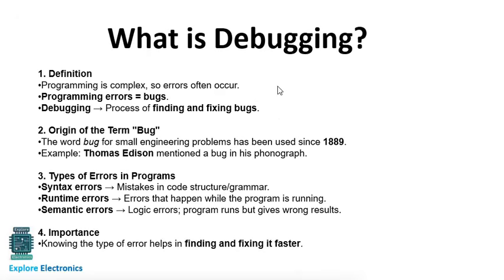Debugging means finding where exactly the bug occurs, and after that you have to fix the bug, which is called debugging. Very simple, right? In a complex program, an error will occur. That error is called a bug. You have to find that bug and fix it, which is called debugging.